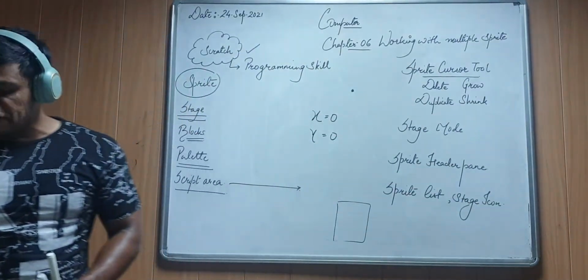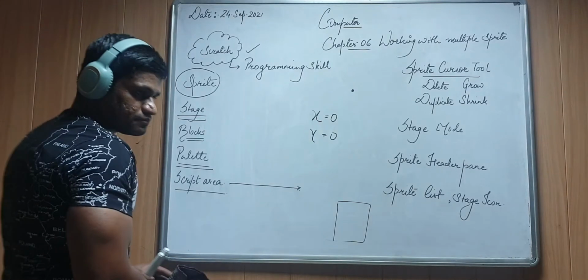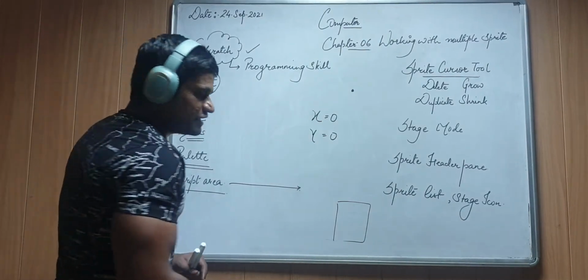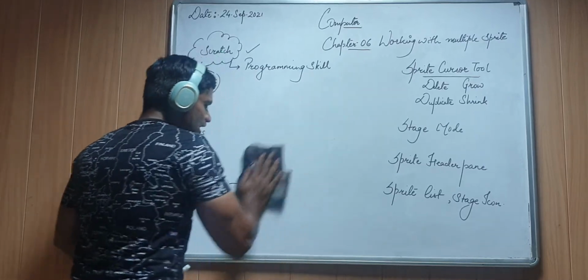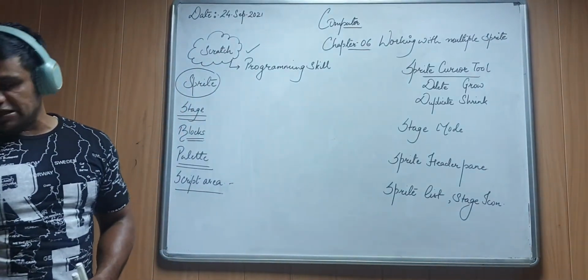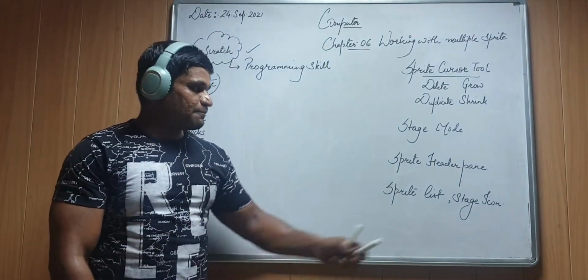After that, we have the sprite list and stage icon. Sprite list means the number of sprites which are available right now on the stage. The list of all the sprites available on your stage is shown in the sprite list.